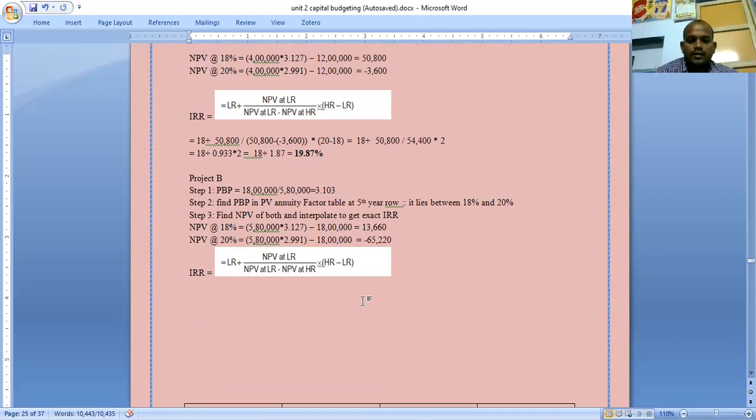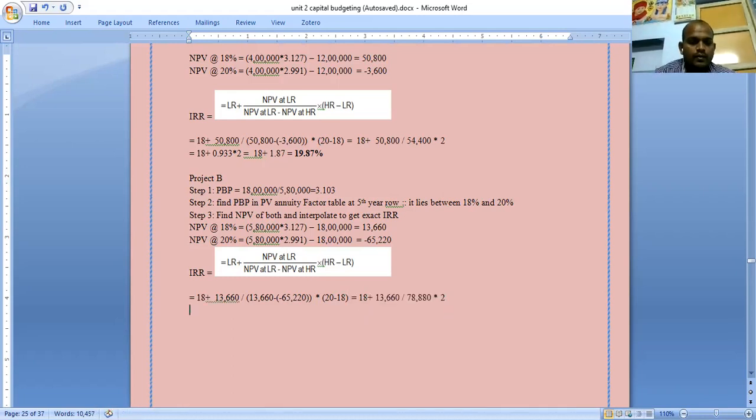NPV at lower rate 13,660 by 13,660 minus of minus 65,220 into 20 minus 18. It is nothing but 2. So it comes around 18.34 for project B.